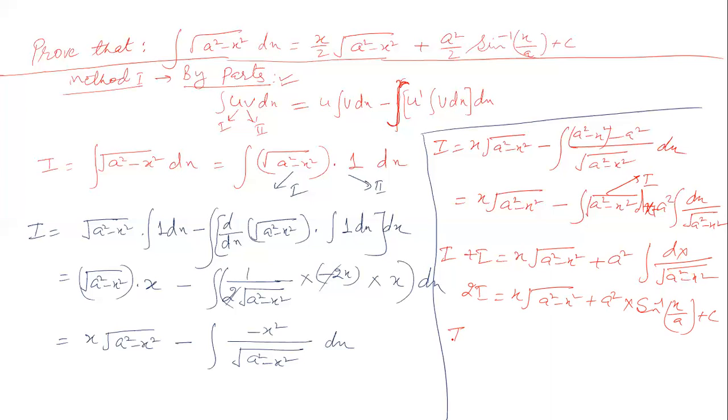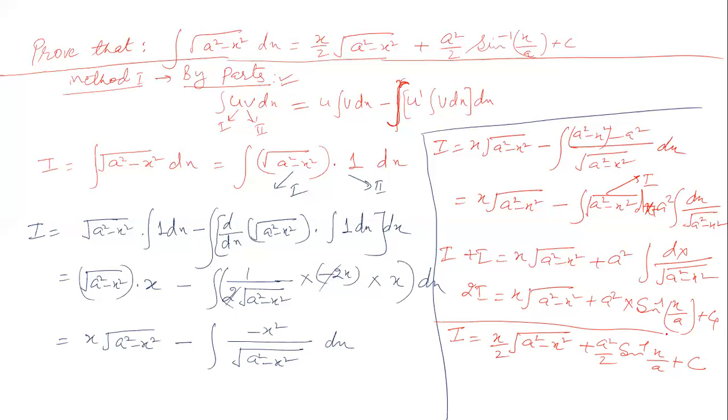It will become I equals x by 2, dividing both sides by 2, it would be, say this is c1, a square by 2 sine inverse x by a plus c1 upon 2, that is new constant c.